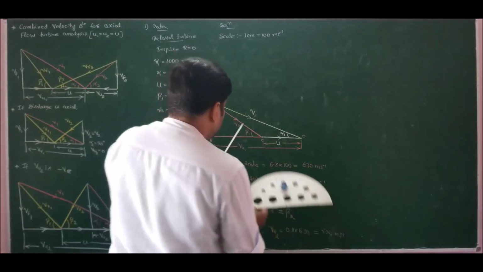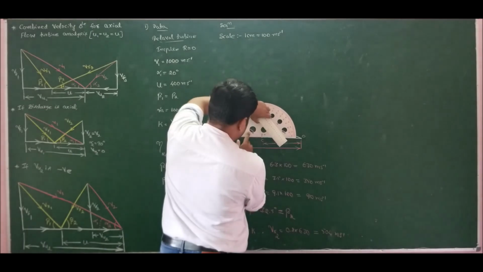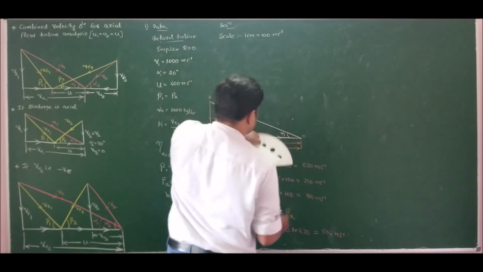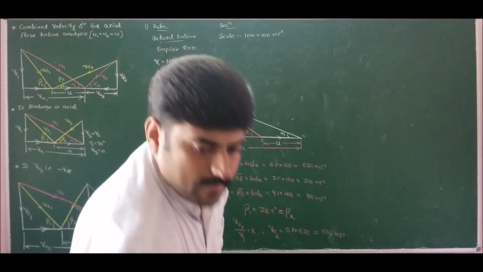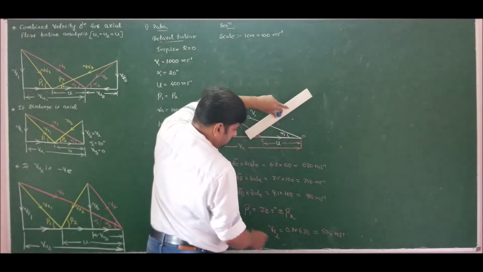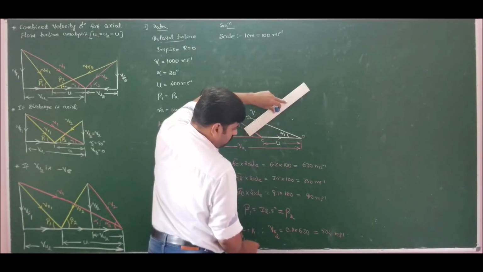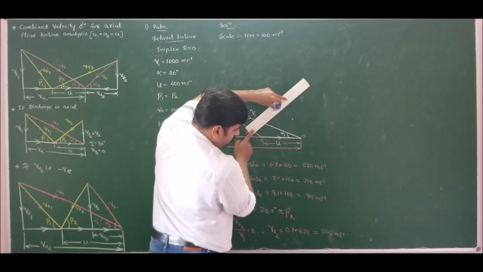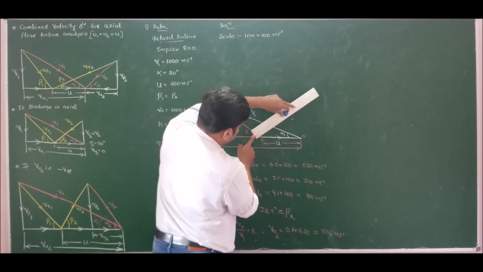Mark 32.5 degrees first. Now at an angle of 32.5 degrees, draw VR2, which is 5 centimeters.